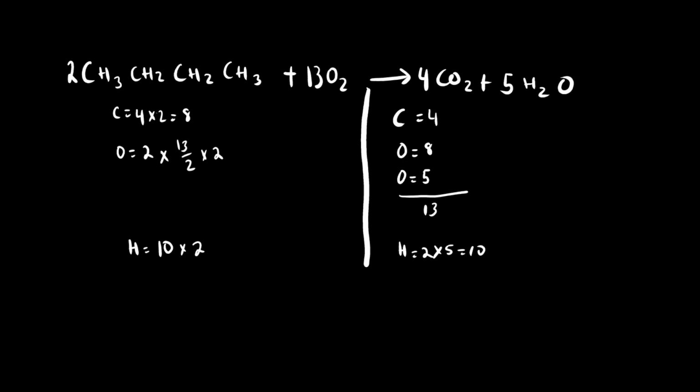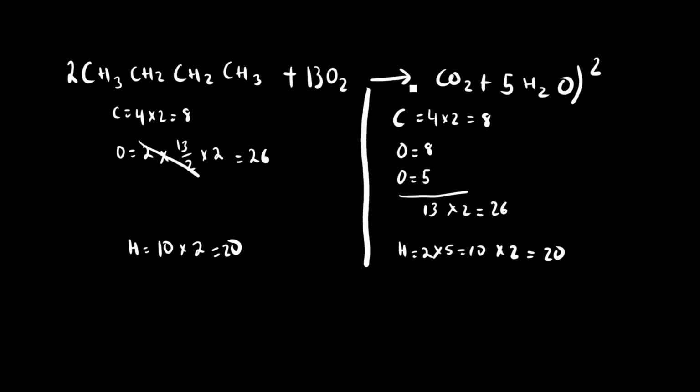So total we have 8 carbons on the left, 20 hydrogen on the left, and now we have 26 oxygen on the left. And it's an equation, so what you do to one side, you have to do to another. Because we multiplied the whole left side by 2, we have to do the same to the right hand side.